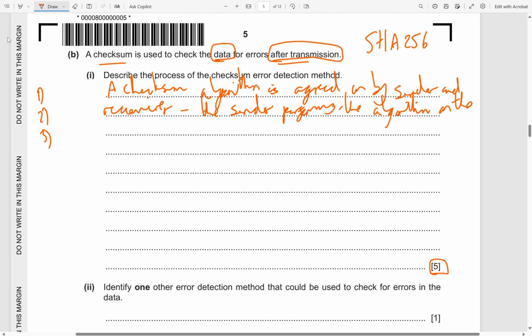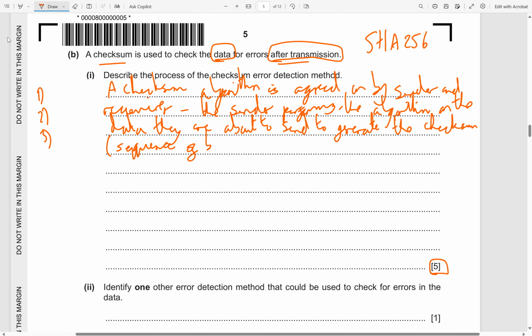Here they just said data, so let's call it data, what they are about to send, to generate a checksum. And we can basically say a number or string or a sequence of bytes. Let's say a sequence of bytes.